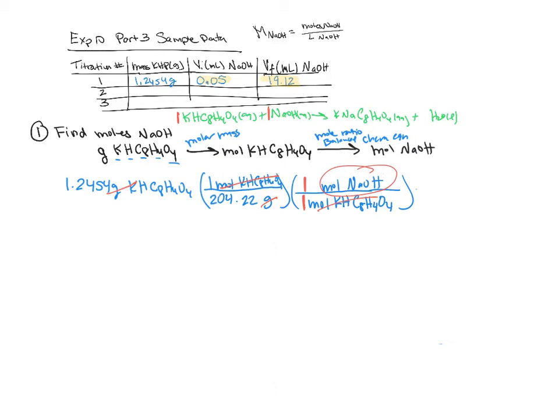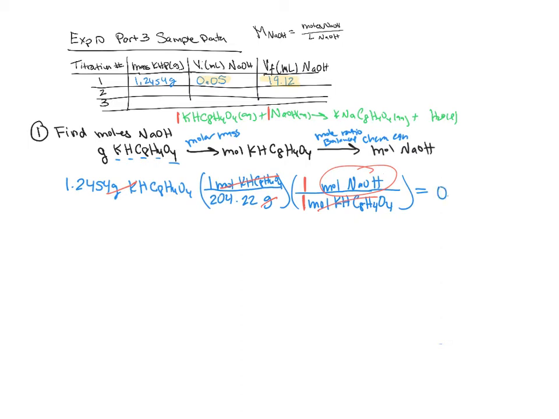So on the calculator, we're going to type in 1.2454 divided by 204.22, enter. We're ignoring the multiplying by 1 and dividing by 1, because that will not change our answer numerically.